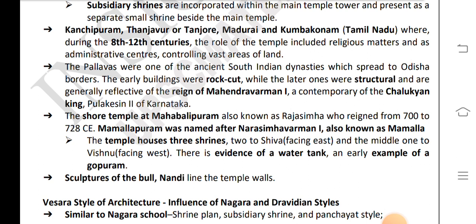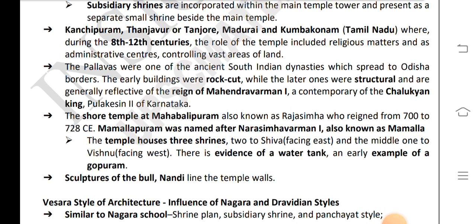It is a stepped pyramid that rises geometrically. There is a large water reservoir or temple tank enclosed within the complex. Subordinate shrines are incorporated within the main temple's tower or presented as separate small shrines beside the main temple.